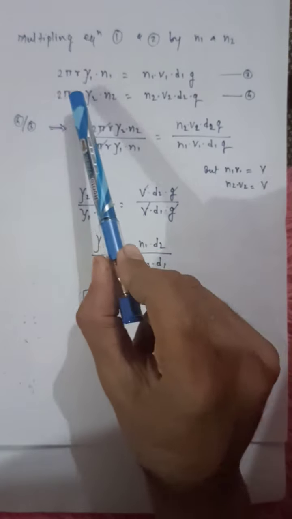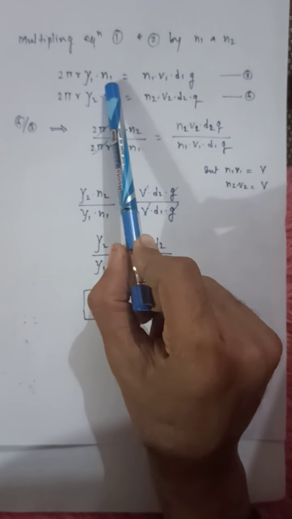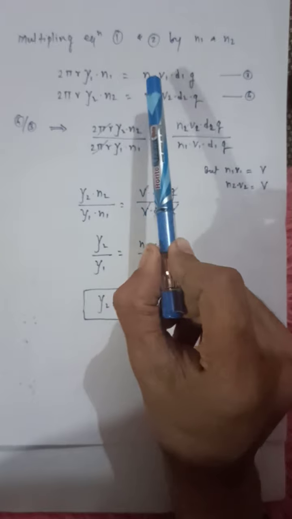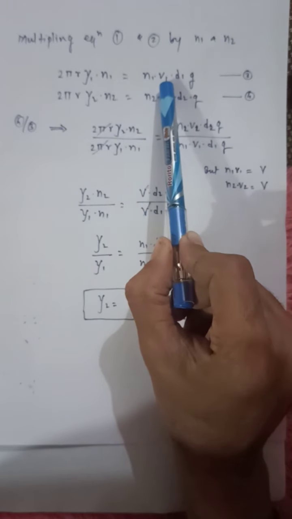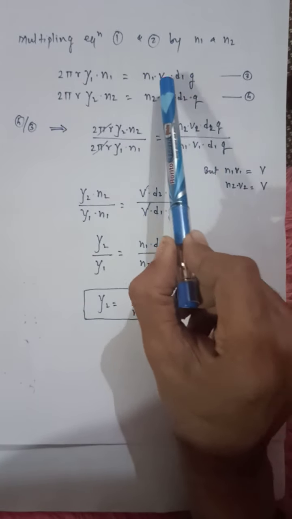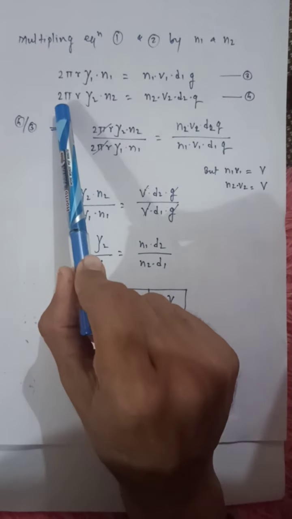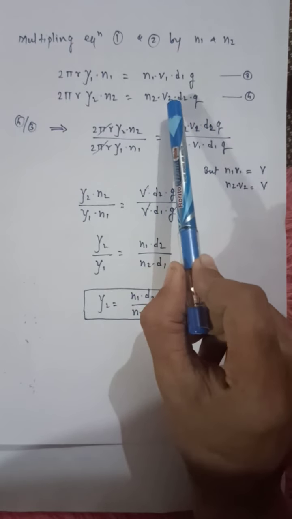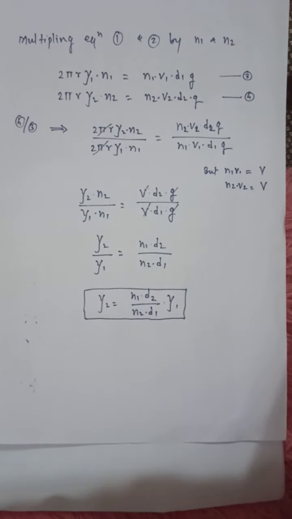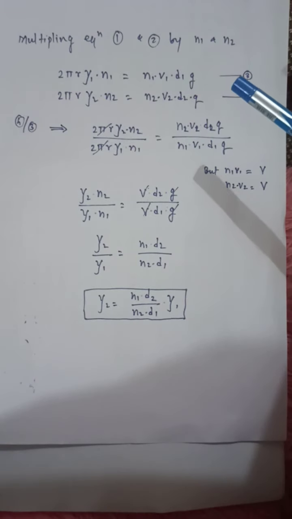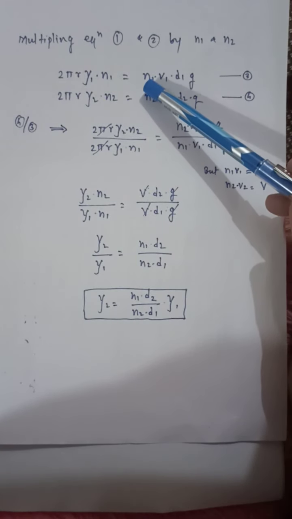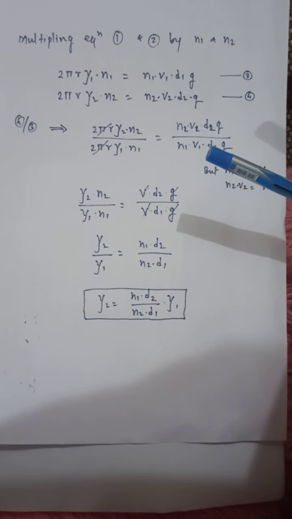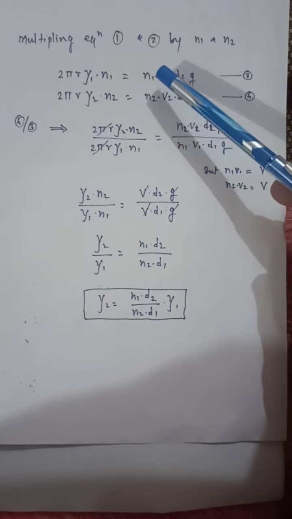So you will get 2 pi r gamma 1 into N1 equal to N1 into V1 into D1 into g. We have just multiplied it by N1. Similarly, equation 2 has been multiplied by N2. Now see here, what is N1? It is the number of drops for water. What is V1? It is the volume of one drop. So what will be the product of N1 into V1?